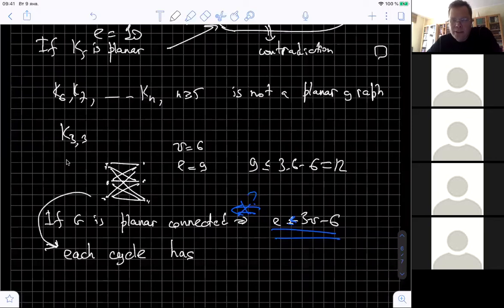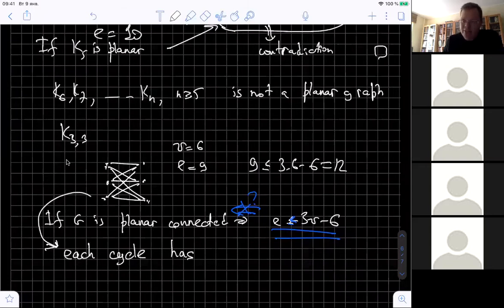Can we obtain a cycle with 3 edges here? No, sir.